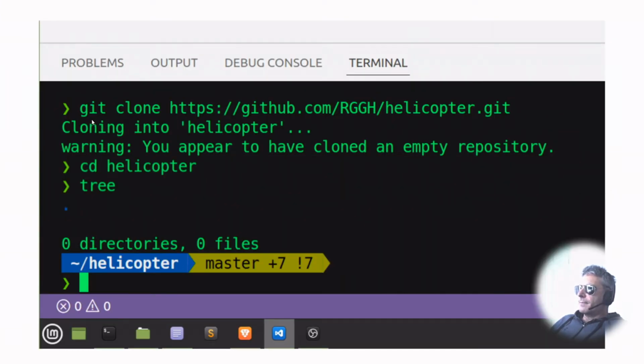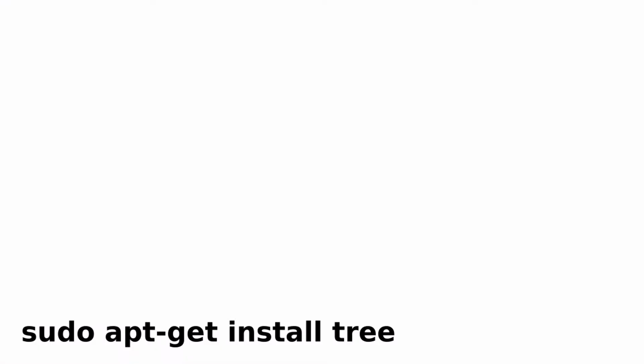Once you've done that, my repo was called helicopter, I cloned it, and then once you've cloned it, you can do a cd to it, change directory, to the directory of your repo. If you issue tree, you should see that it's empty, so no files.